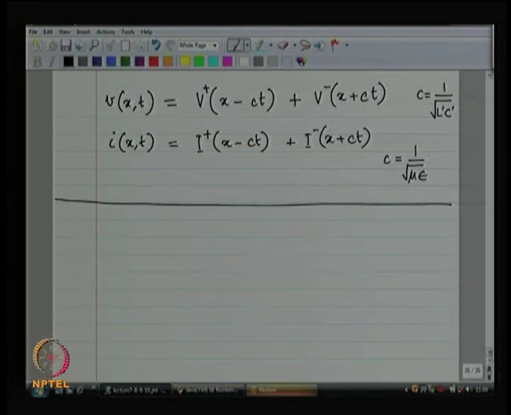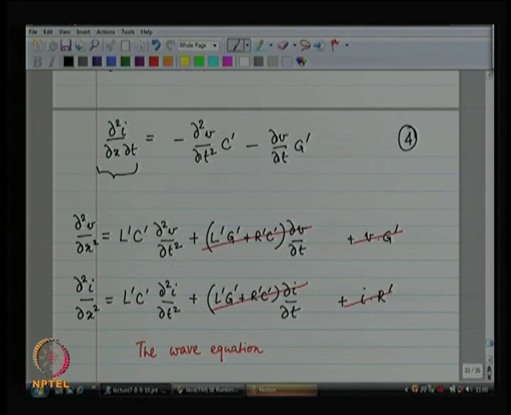Our equations are somewhat different. We assumed over here that G prime and R prime are 0, right. G prime and R prime create a loss in the wire. When the wire is completely lossless, an electromagnetic wave can propagate over the wire without any attenuation.